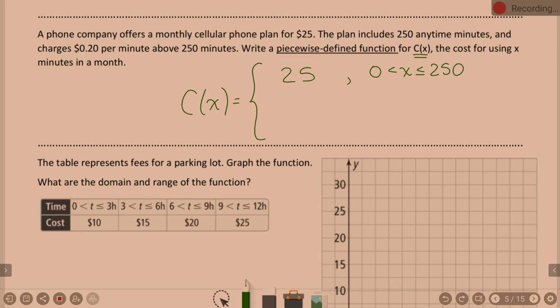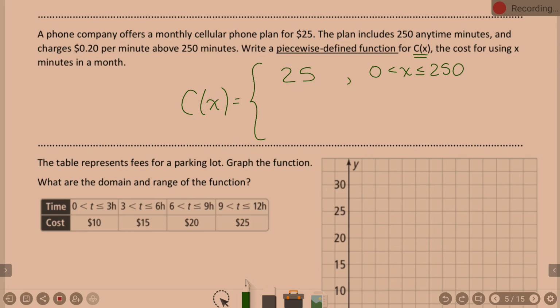what's my other option of what I might possibly pay? 20 cents. Okay, so we could be paying 20 cents. What is it, though? Above the 250. Okay, when you're above the 250, it's 20 cents per minute. How many times am I paying that 20 cents? Amount of time. Okay, for every minute, which what are minutes?